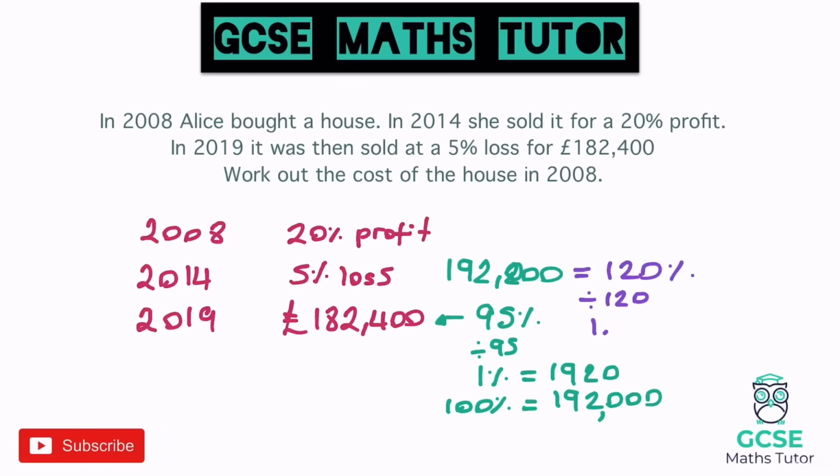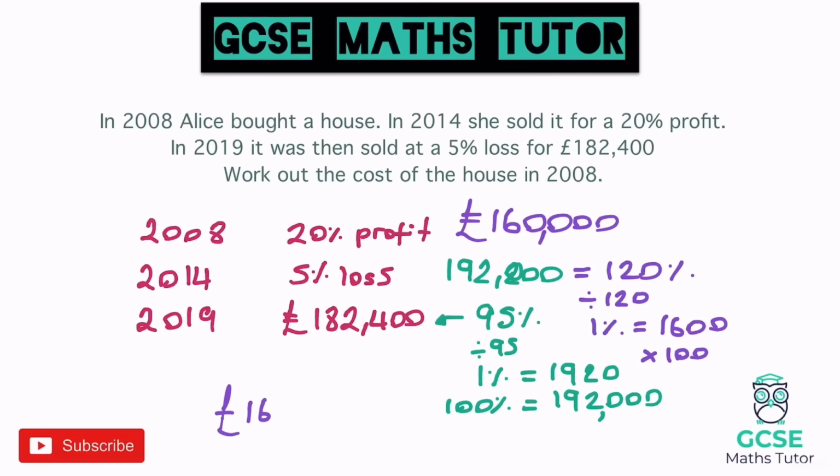So 1% here would equal, and we'll just work that out, divide that by 120, and 1% is 1,600. And again, you can times that by 100 to get 100%, and our original cost up here would be 1,600, with 2 zeros on the end, so £160,000. There we go, so 160,000.